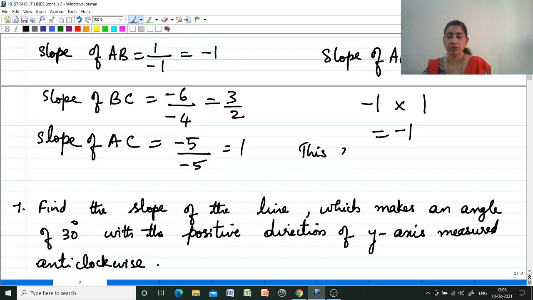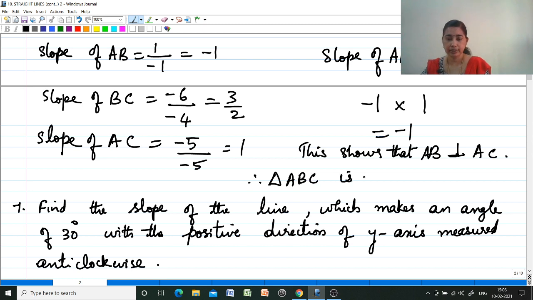This shows that AB is perpendicular to AC. Therefore, triangle ABC is a right angled triangle. So here we didn't use Pythagoras theorem, only applied slopes.